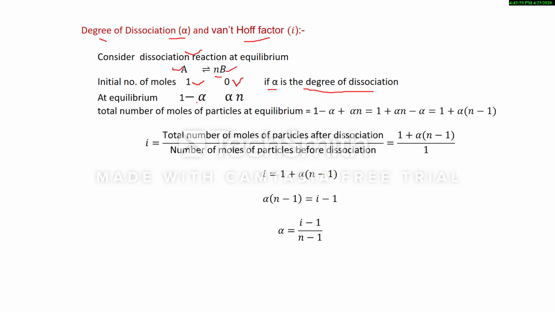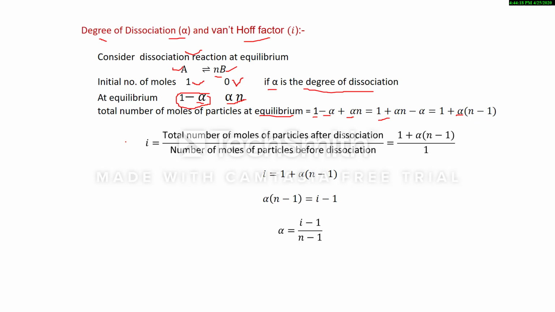If alpha moles are dissociated, then at equilibrium, reactant remains 1 minus alpha and product becomes alpha n. So we can say at equilibrium, total number of particles is 1 minus alpha plus alpha n. Then again, if we rearrange and take the alpha common, we will get 1 plus alpha times n minus 1.